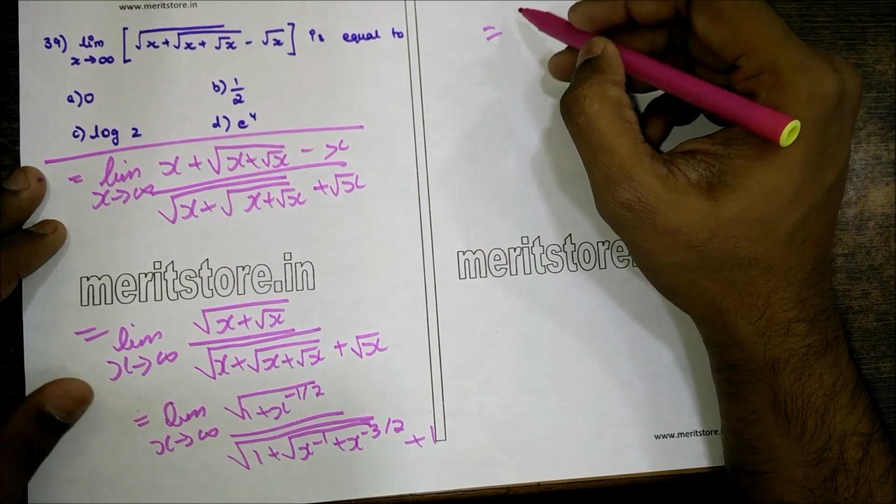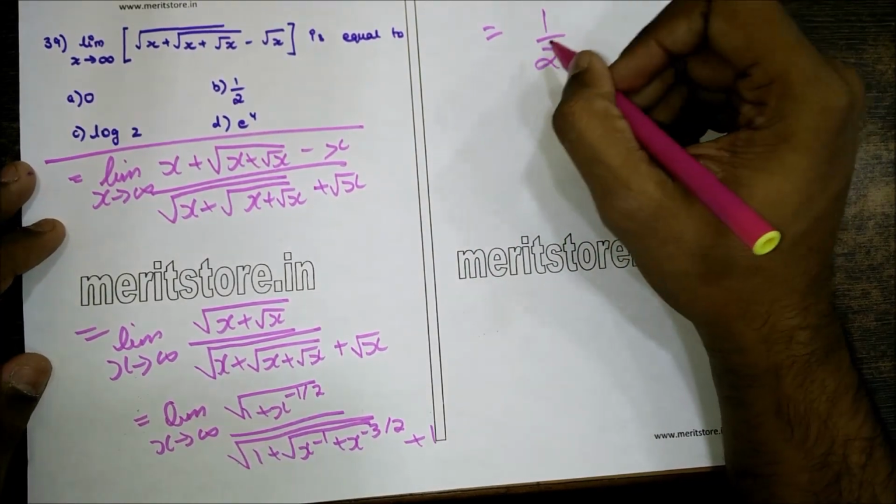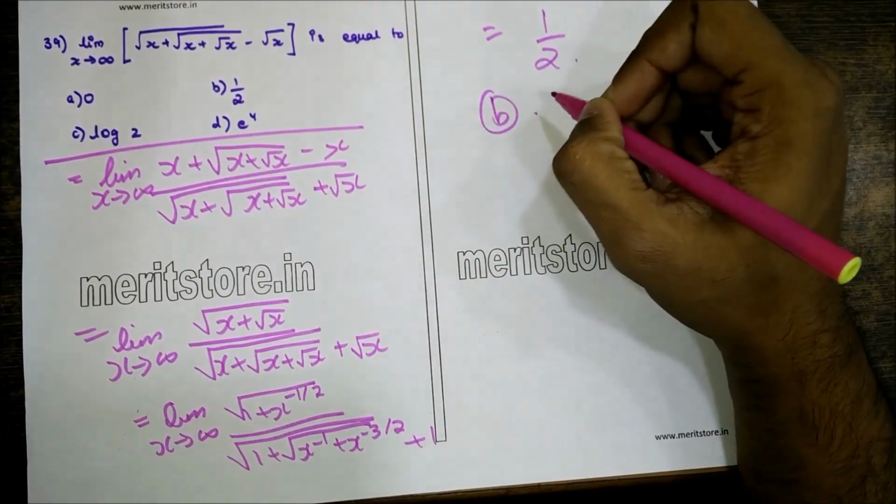Now we can apply the limit of x tends to infinity, giving us 1 by 2, which is option B.